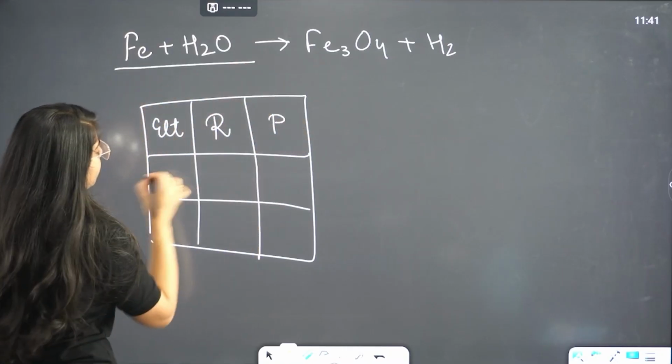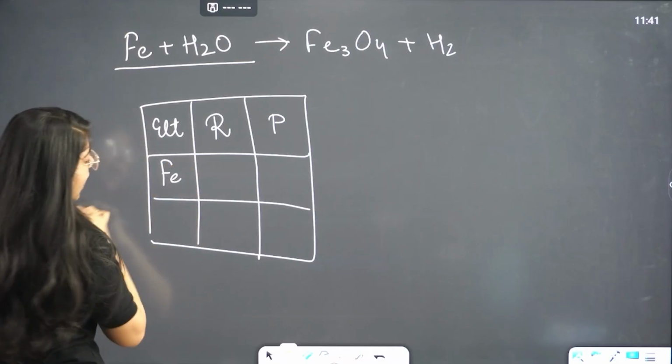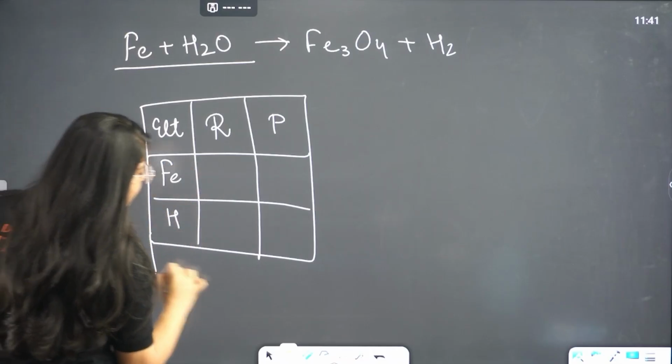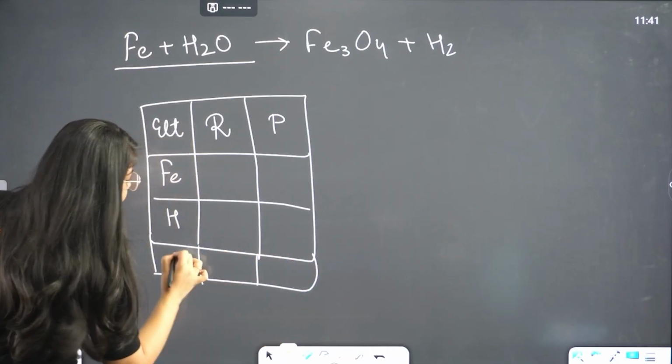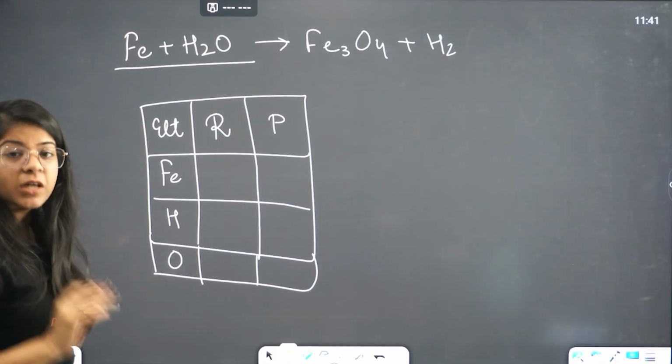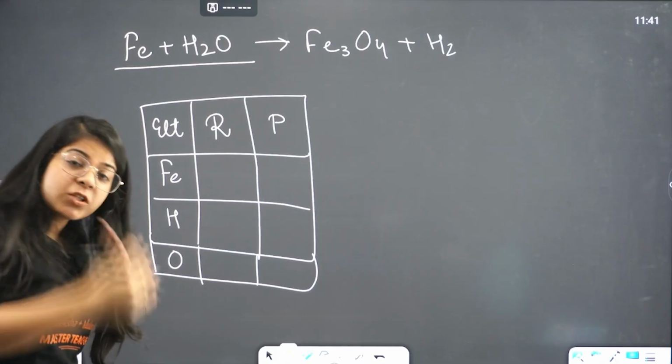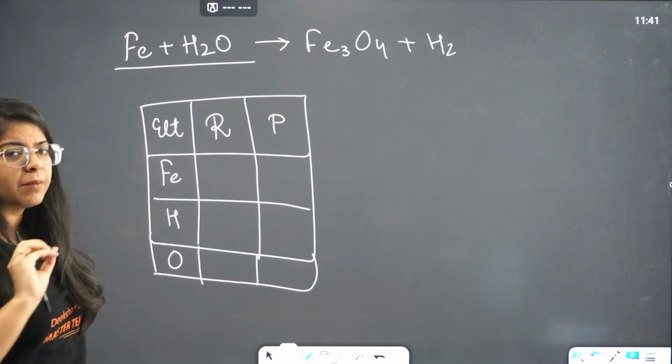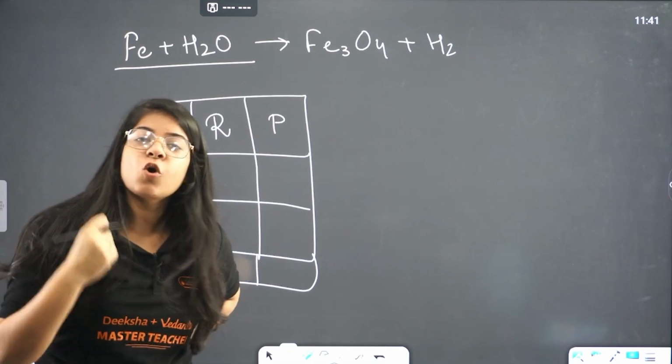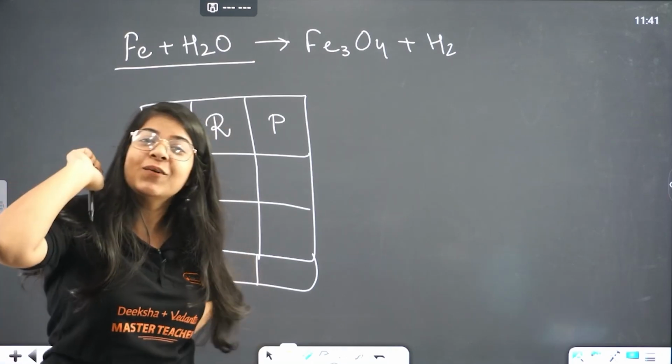How many elements did we have? Iron, hydrogen, and a third one as well, that is oxygen. Understood? It's an easy way to do it, and once you practice it, you don't have to make the table every time, right? You will be so quick, you will understand within your mind only, right?